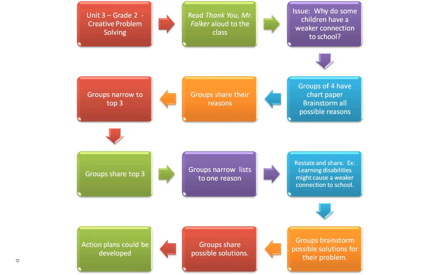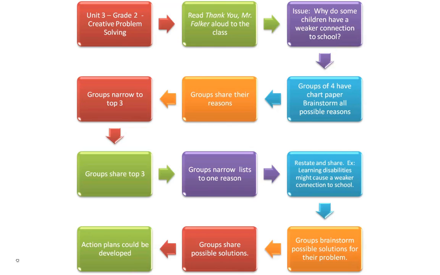It was read aloud. And the issue that was identified here is, why do some children have a weaker connection to school? So in this, Mr. Fokker is someone who is helping somebody who's having some trouble learn to read. But the issue that the students come up with then is, why do some children have a weaker connection to school?